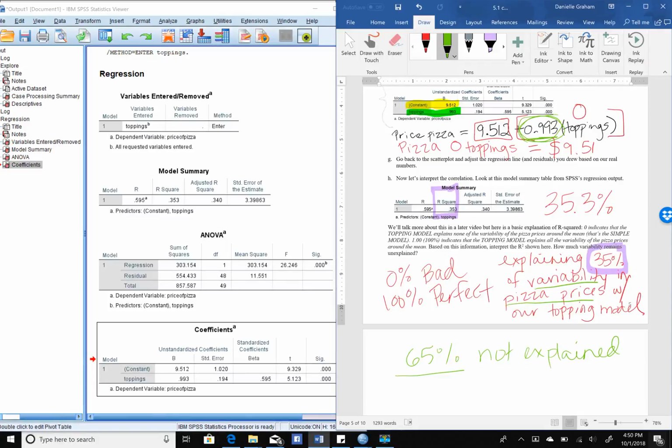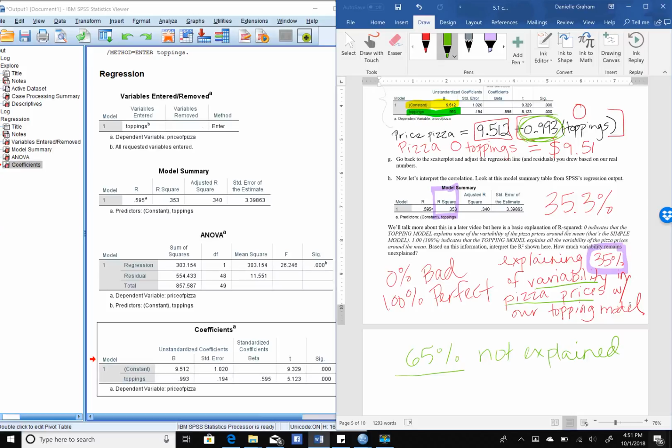So it could be the quality of the ingredients they're using. If they only use non-GMO organic materials to make their pizza, probably the pizzas will be a little more expensive. If we haven't accounted for the location, if it's a wealthy area, maybe we expect the pizza to cost a little more. Maybe some are Pieology where it doesn't matter how many toppings you put on.